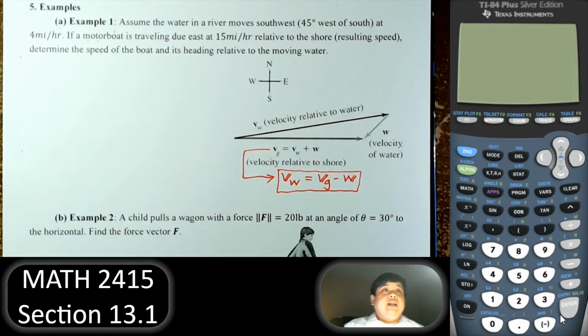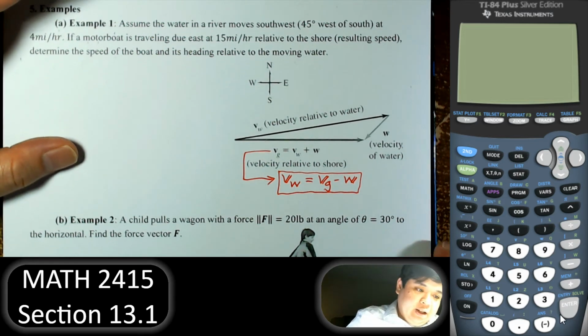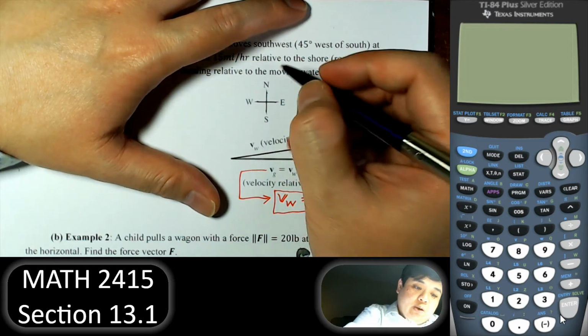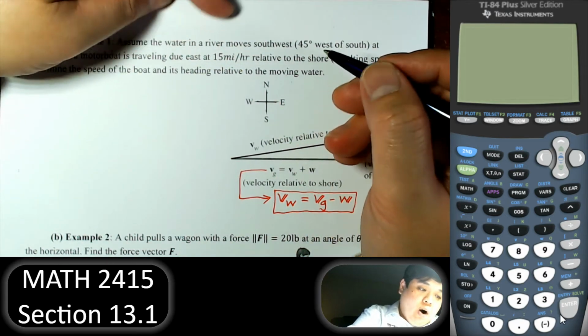Now, let's look at the vectors. What do we have? Assume the river water is moving southwest. So first of all, I'm talking about the water here.